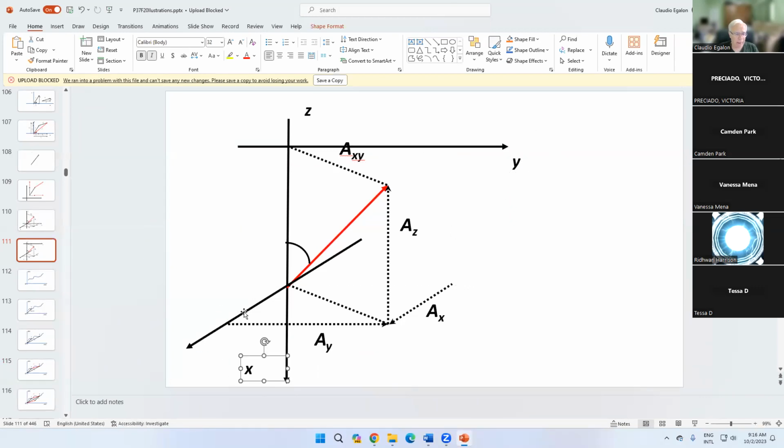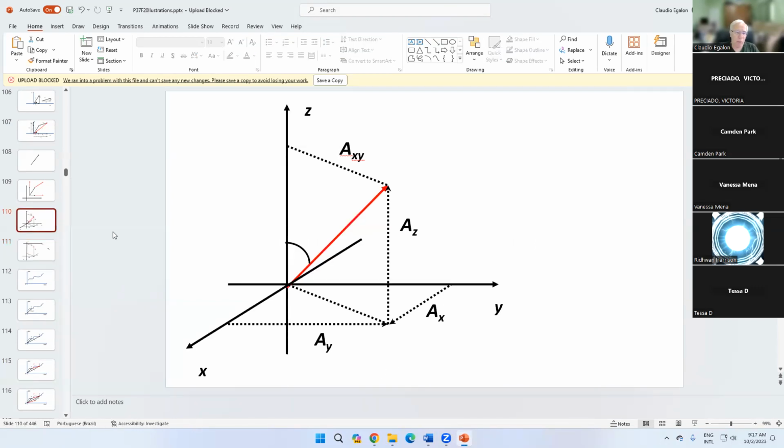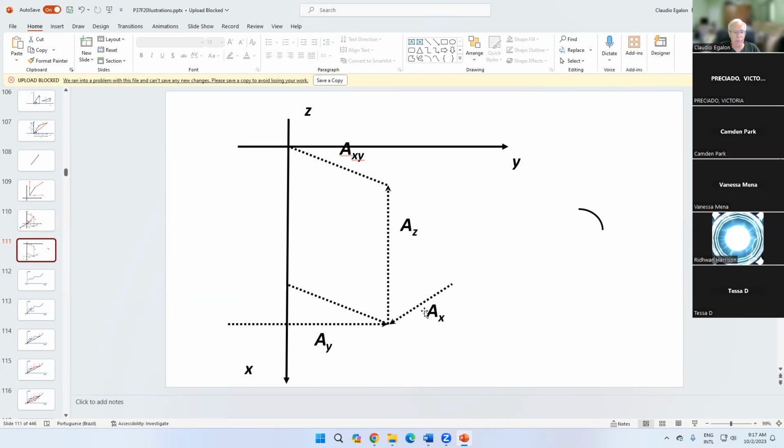My eye is pointing from the top of the z-axis, and I'm going to see the x going down, the y going to the right. That's why I drew the x, y like that.